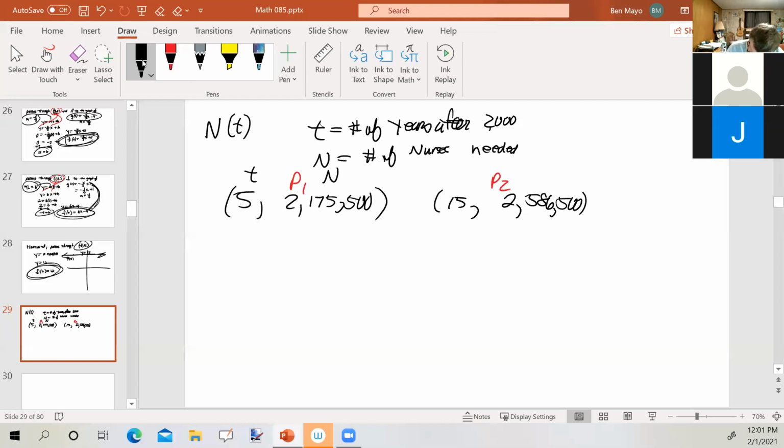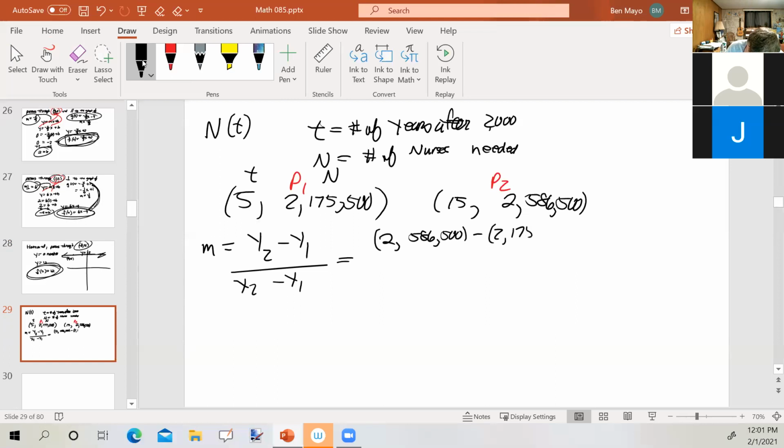Okay, so the slope formula, y sub 2 minus y sub 1 over x sub 2 minus x sub 1, is going to be 2,586,500 minus 2,175,500 all over 15 minus 5. Well, it's calculator time.